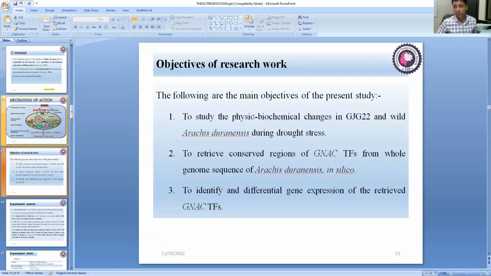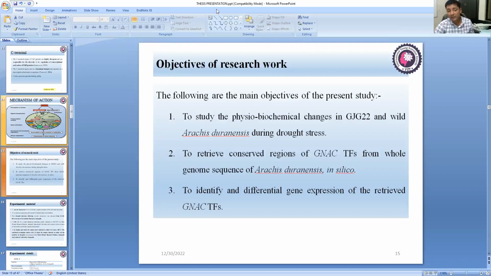The first one, we took the cultivated variety, which is the susceptible one, and another one is drought tolerant, the wild cultivar Arachis duranensis. So the objectives consist of studying the physicochemical changes in GJG22 and the wild cultivar during drought stress.